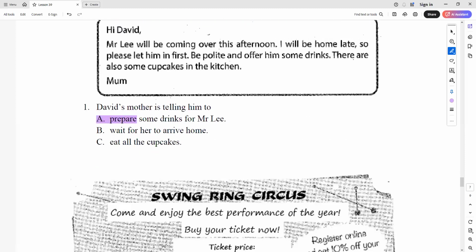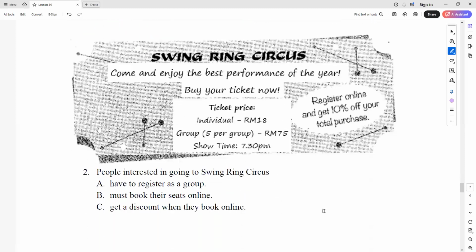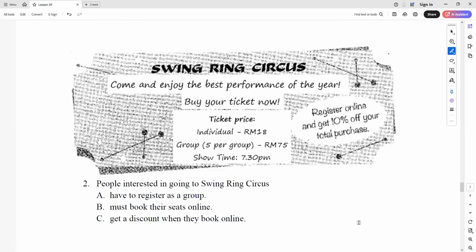And then let's come to Chinese. Swing ring circle time and enjoying the best performance of the year. Buy your ticket now. Ticket price. Individual RM18. Group 5 per group.